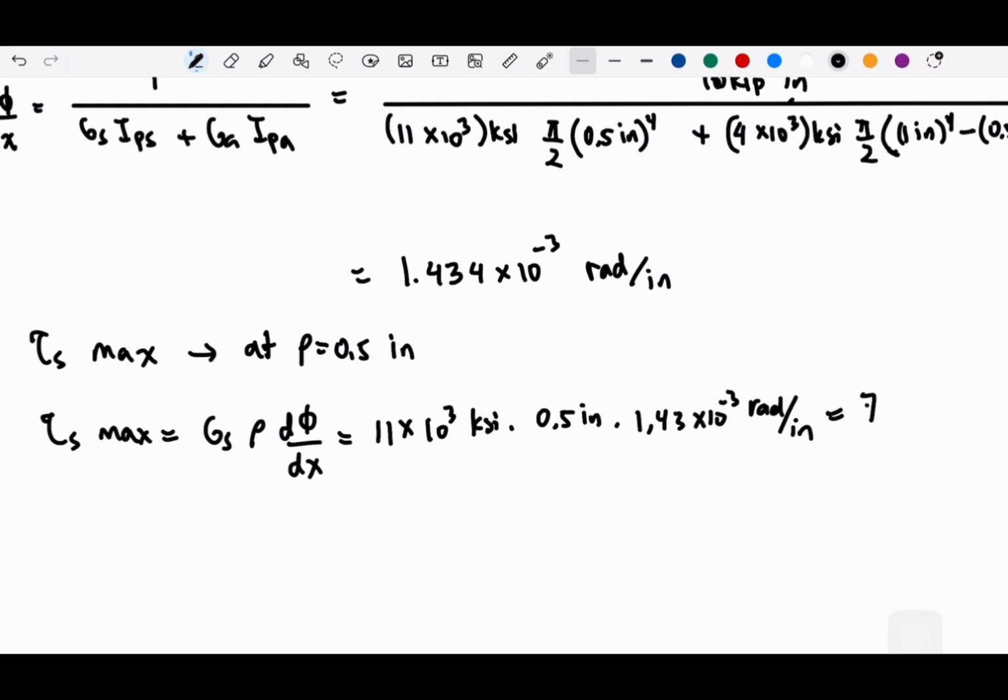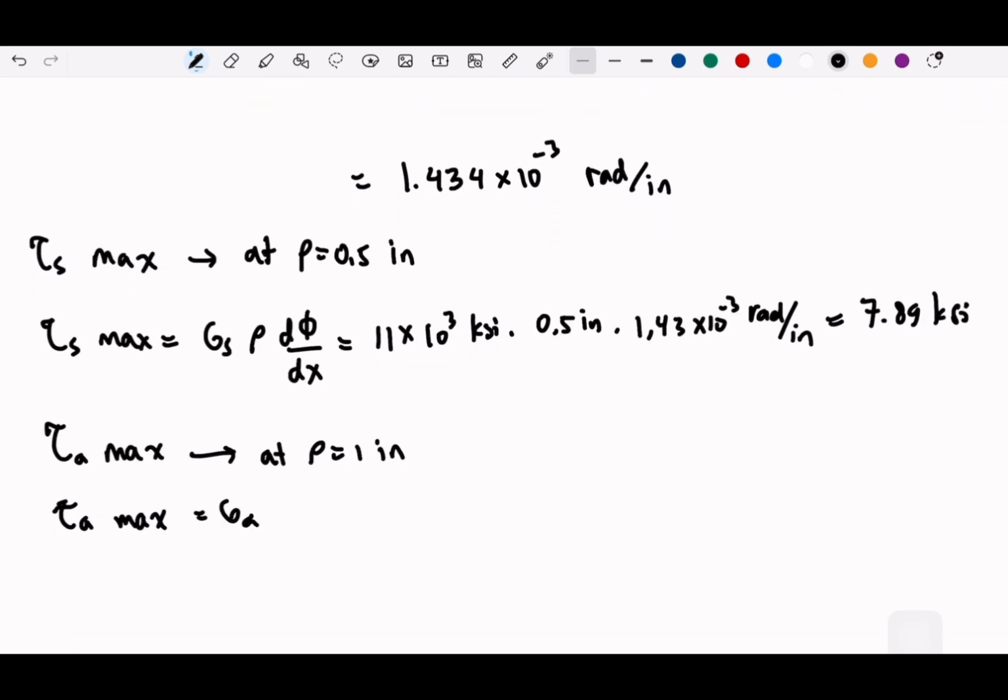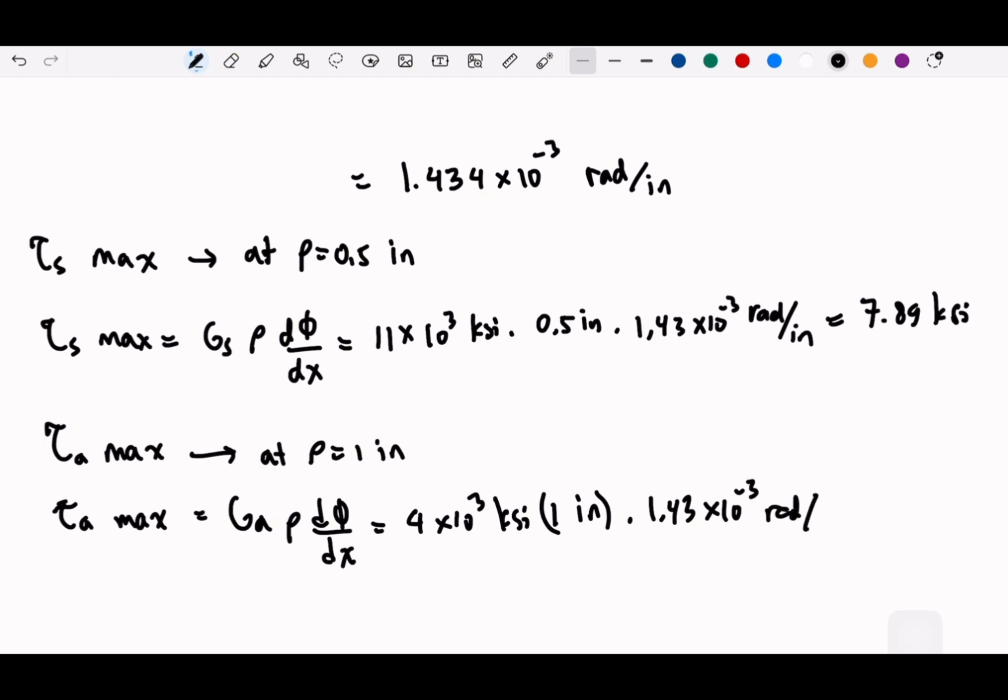This is around 7.89 KSI. And for aluminum, the maximum is at rho equal to 1 inch. So this is G_A rho: 4,000, 1 inch, and 1.43. This is equal to 5.74 KSI.